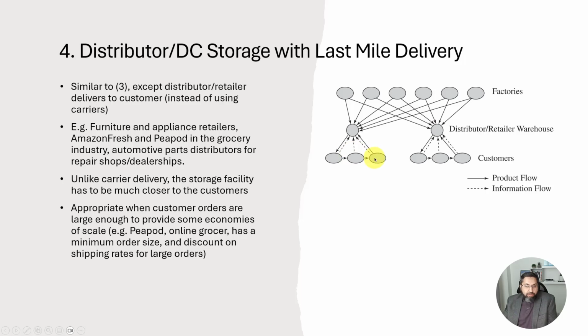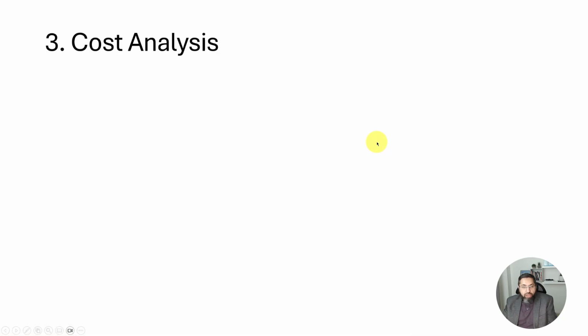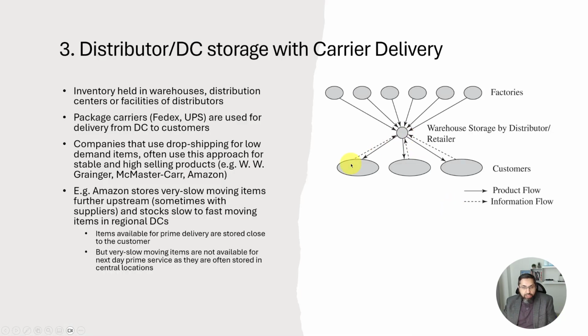And the multiple stops will be at different customer homes. So here it's more like the distribution is being done by the distributor, whoever owns this warehouse, whereas in number 3, you're just shipping packages using package shippers like FedEx, like UPS.